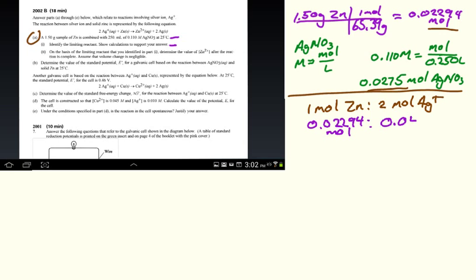I was about to say 44, but it's going to be more like 45 moles of silver, and you'll notice that this is how many moles we would need to consume that, and we only have 0.0275 moles of silver nitrate, so we do not have enough. And therefore, silver nitrate is the limiting reagent.